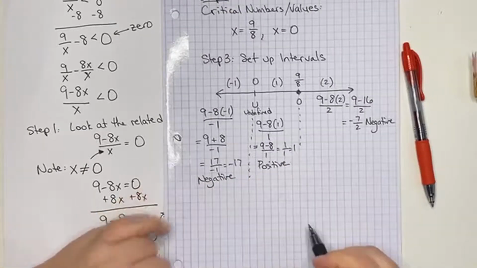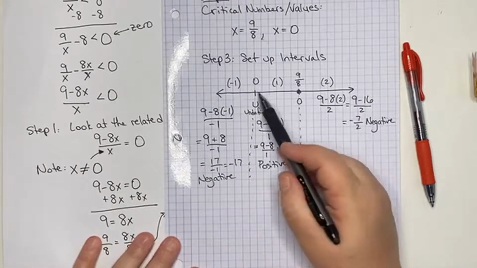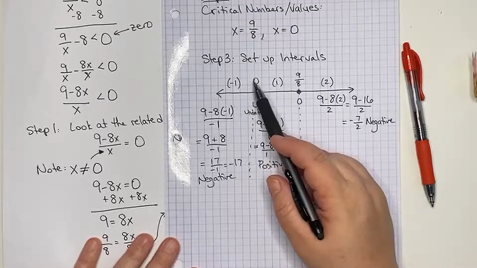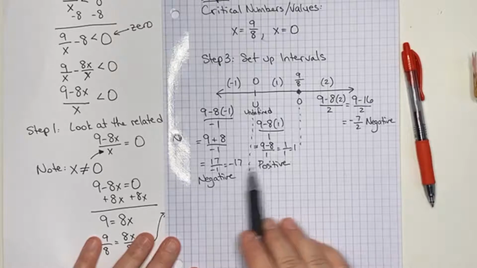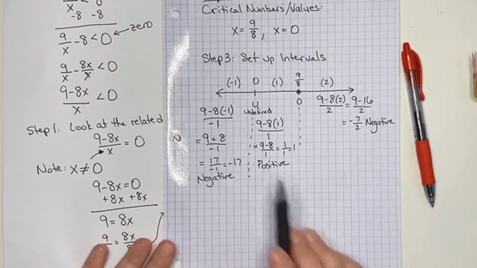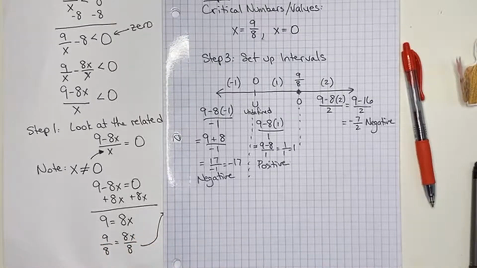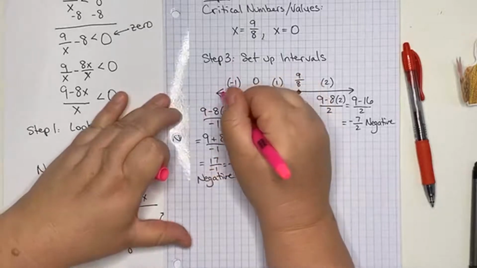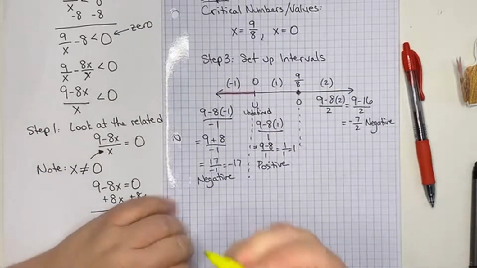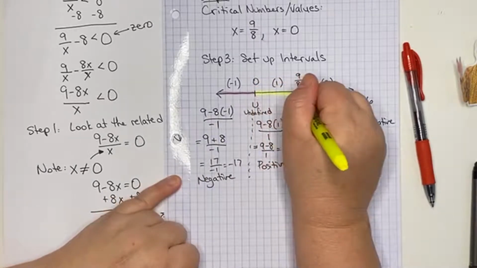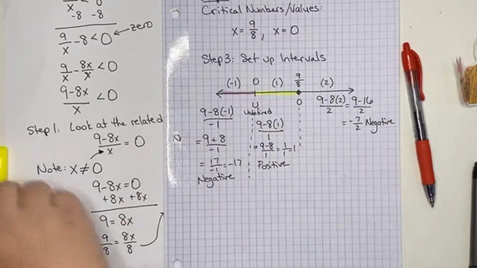So something interesting happened. Even though 0 is undefined, it still split from negative to positive. So that's kind of interesting. So our 3 intervals, we got the pink part.